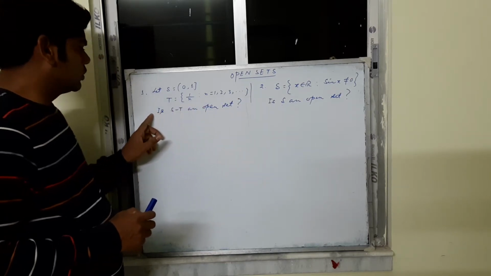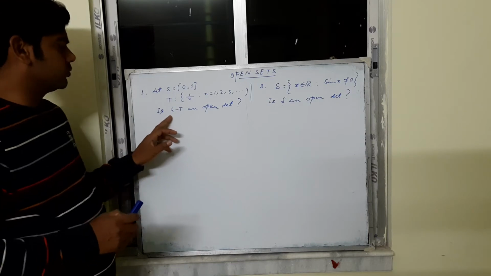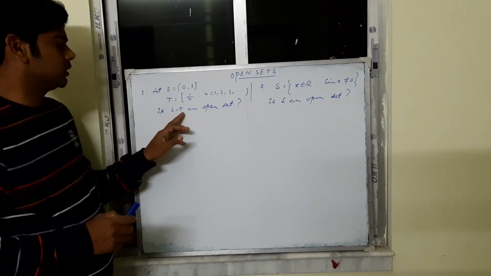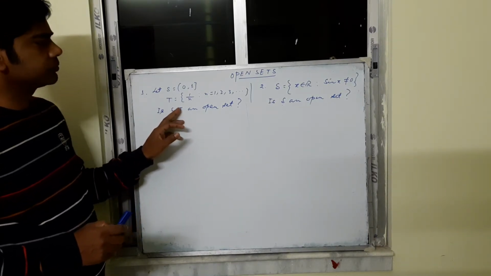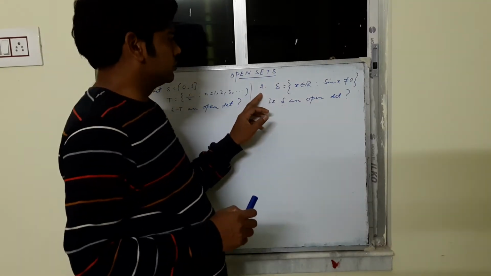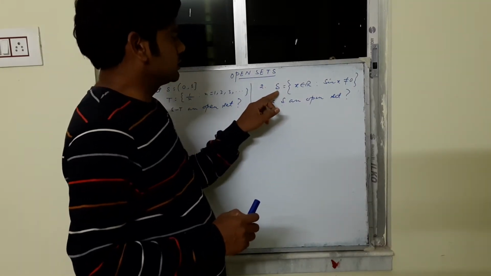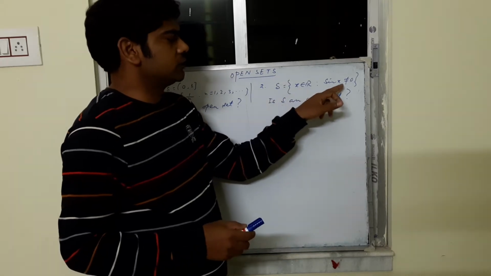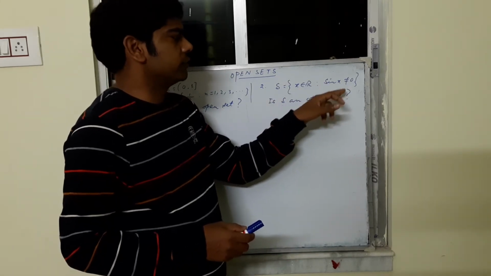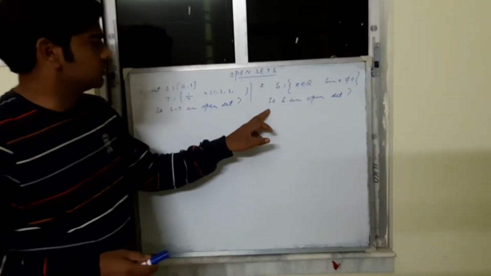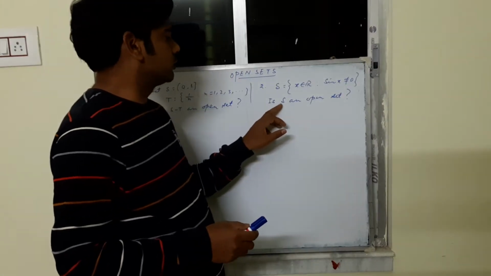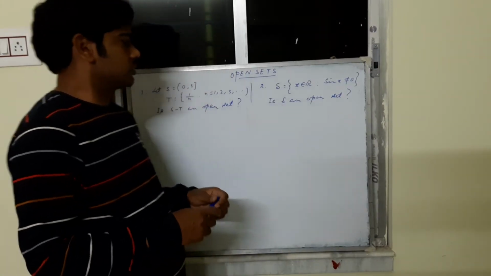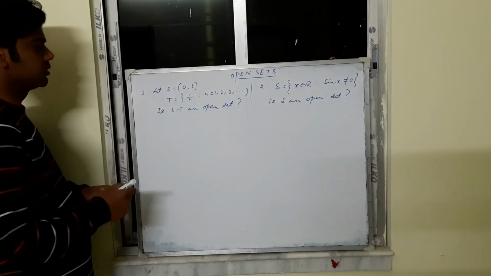So we have to check whether S minus T is an open set or not. And question number 2: here S consists of all those real numbers for which sin x does not vanish. So here the same problem, whether S is an open set or not. So let us check.